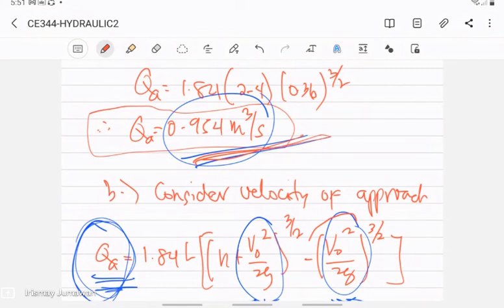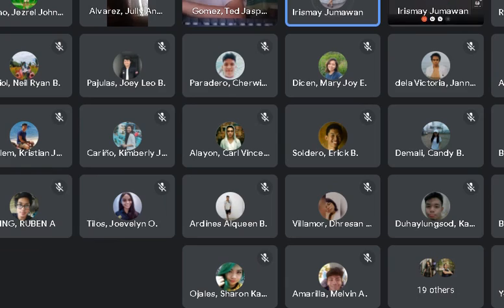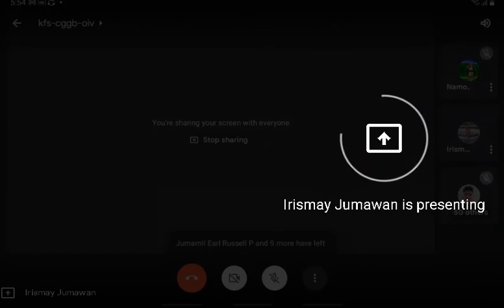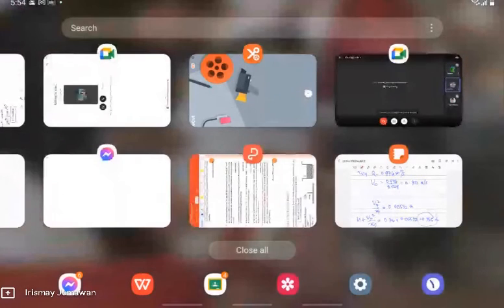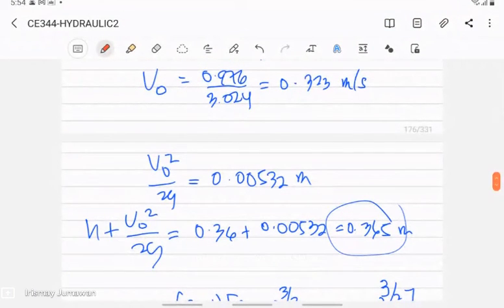For the velocity head, v squared over 2g, we have here 0.0523.